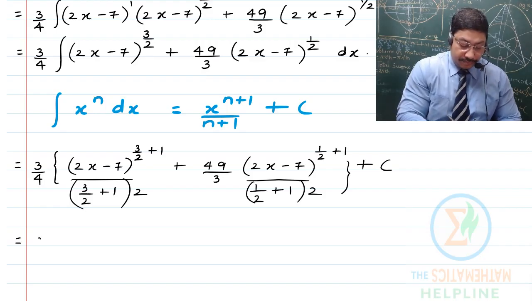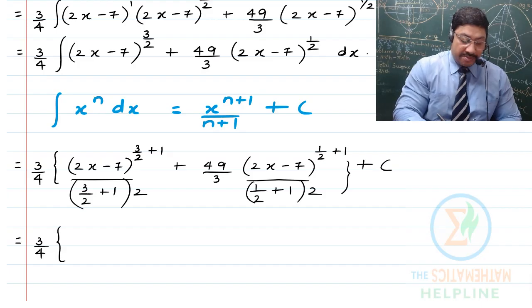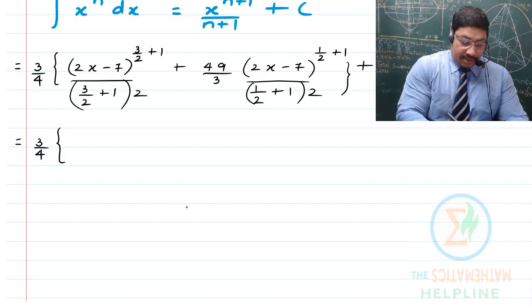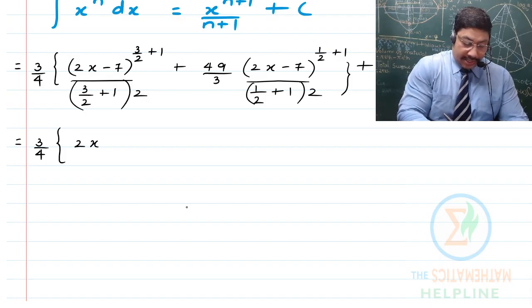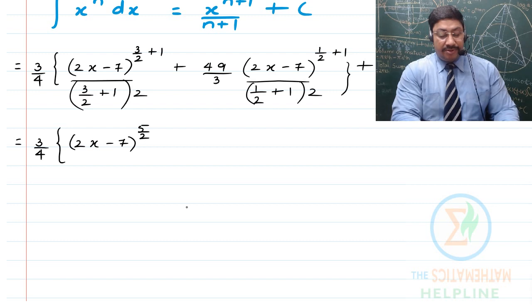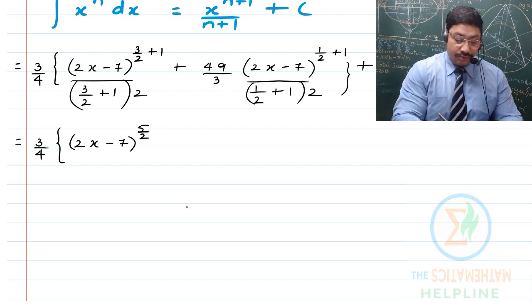Now further children, what we do is we will now further simplify this, and that is all that we've got to do. So here we have 3 upon 4, which is now going to be multiplied by 2x minus 7, which is raised to the power now 5 upon 2. After taking an LCM, we will have 3 plus 2, that is 5 divided by 2, right?